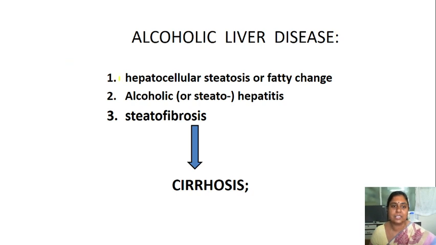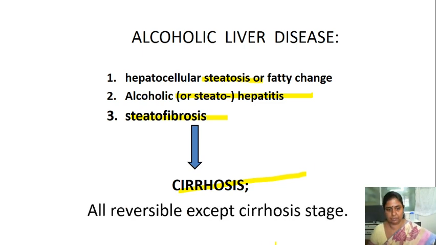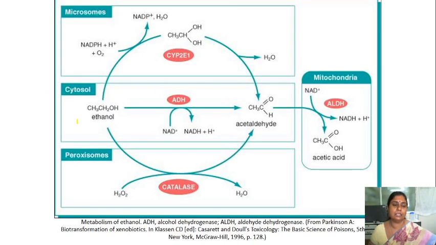We are having 3 stages here. Alcoholic liver disease is steatosis, steatohepatitis, steatofibrosis, finally ending up in cirrhosis, right? Why is this happening? It is happening because of acetaldehyde, which is an intermediate. How is acetaldehyde formed? Most of the times the ethanol is getting converted to acetaldehyde in the cytosol by alcohol dehydrogenase.